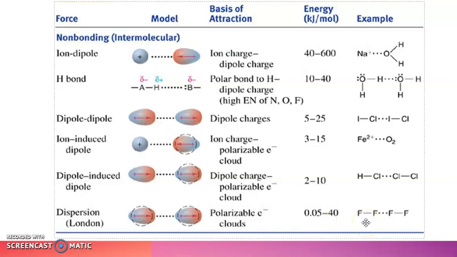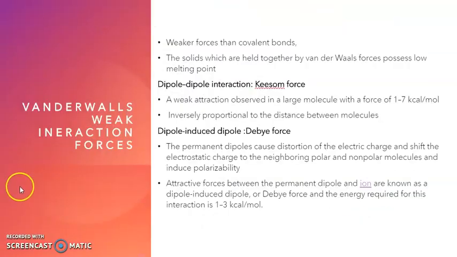Example is interaction between the fluorine and fluorine atom in fluorine gas. So all these come under the broad category of van der Waals weak interaction forces.